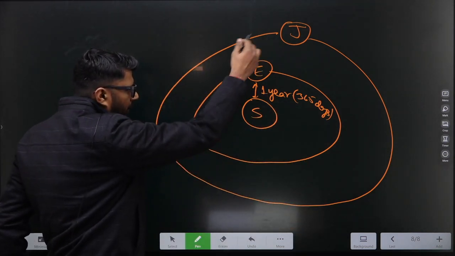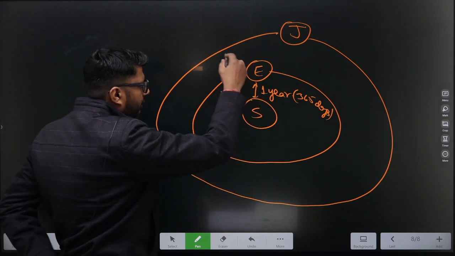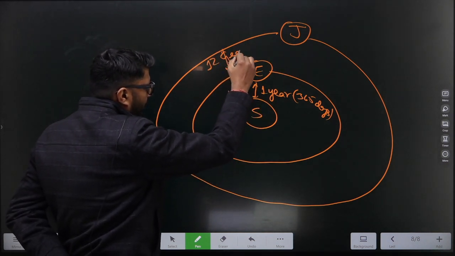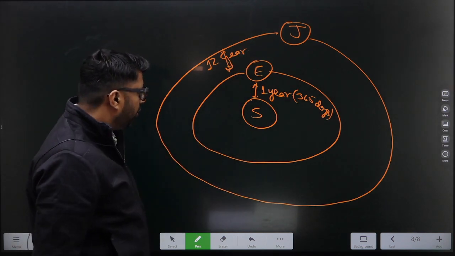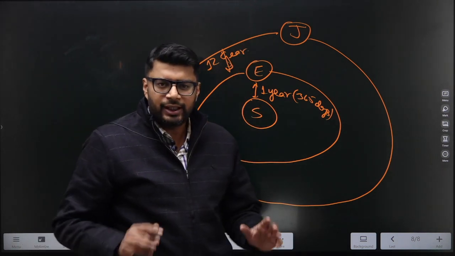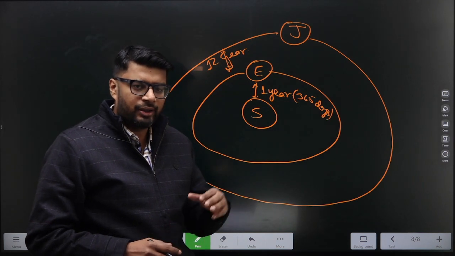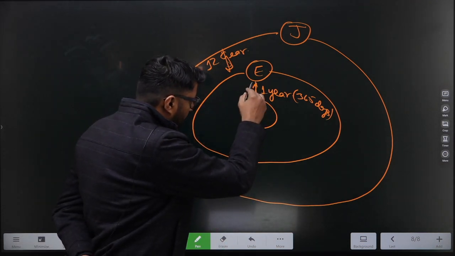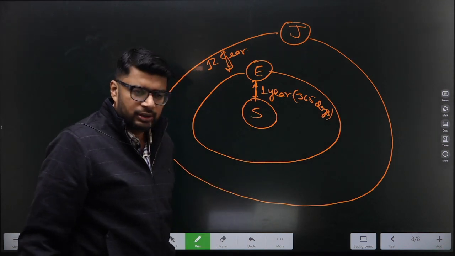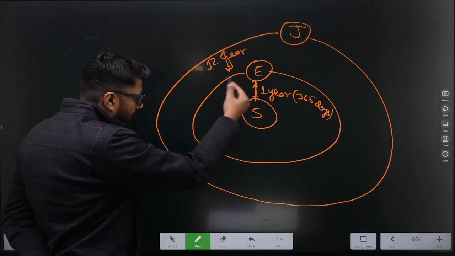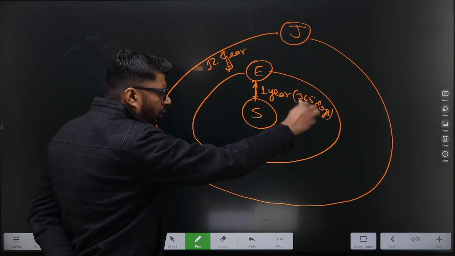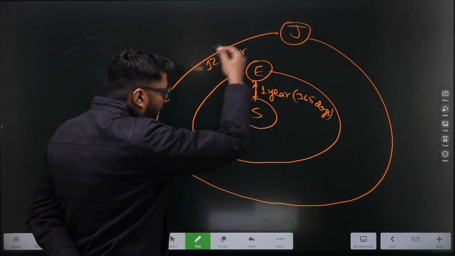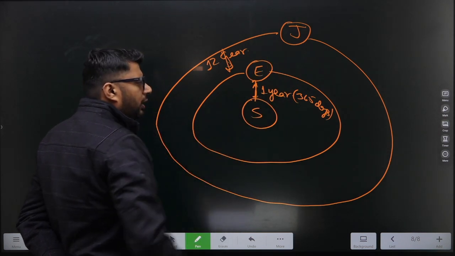And Jupiter takes 12 years for one revolution around the Sun. So from here we can understand one concept: the object which is near to the Sun takes less revolution time, with respect to Jupiter taking longer revolution time.